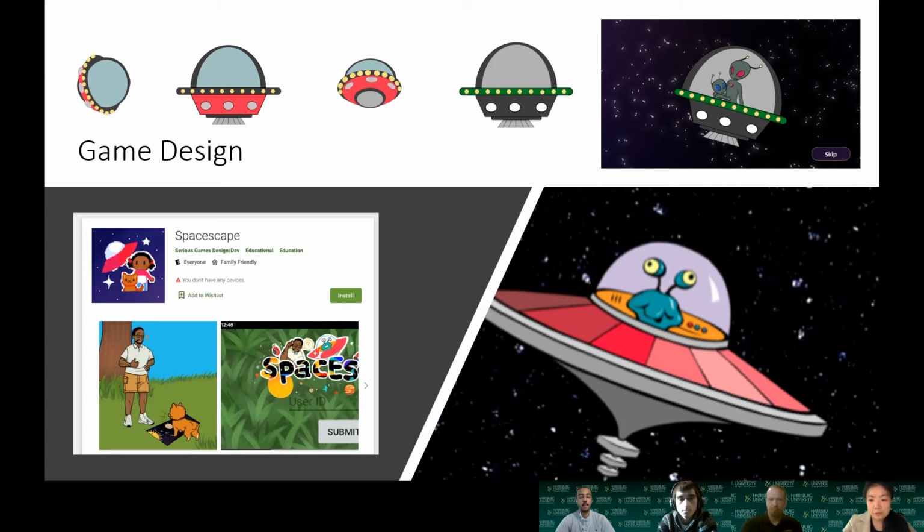And if we can find her through this process, maybe the students can learn more about the solar system. And so they started to sketch the different ideas of how the alien should look, how Lucy should look, what the storyline should look like. So that's how this all started.